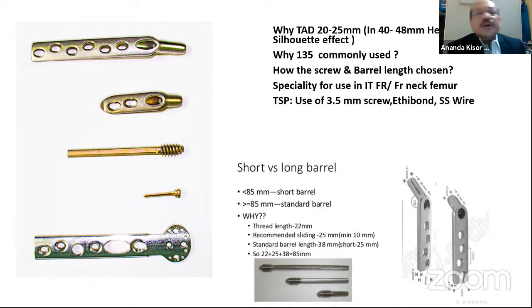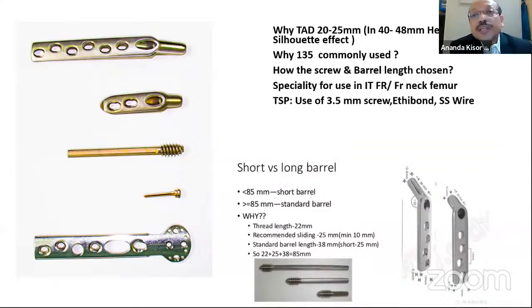If we keep our guide wire in the outer 25%, there is certainly a cutout because it is a rounded one. So we have to keep our guide wire within the inner 75% circle of the femoral head. That means one-fourth of the circumference of the femoral head should be removed.